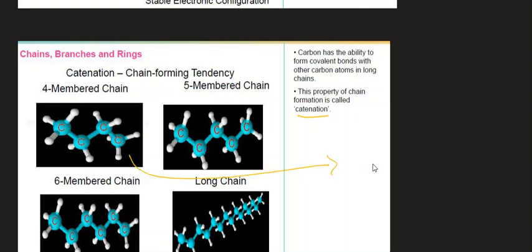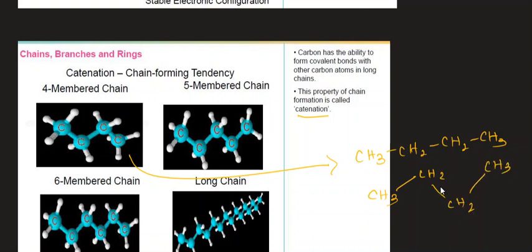So you can write like this, CH3, CH2, CH2, CH3. So this is represented in a zigzag manner. So it means C4H10, which is nothing but butane.